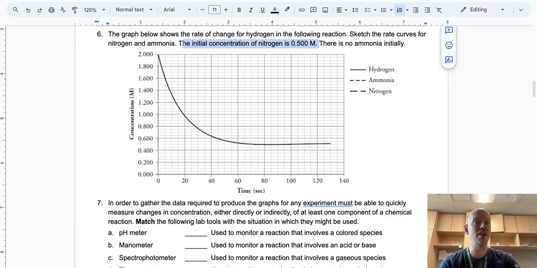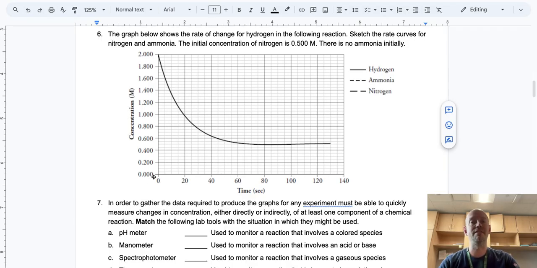I do want you to note that it tells you the initial amount of nitrogen, and it tells you we're going to start our ammonia at 0. So we can know at what value they should flatten off. Based upon where ammonia flattens off, we should know at what time hydrogen and nitrogen can also flatten off.